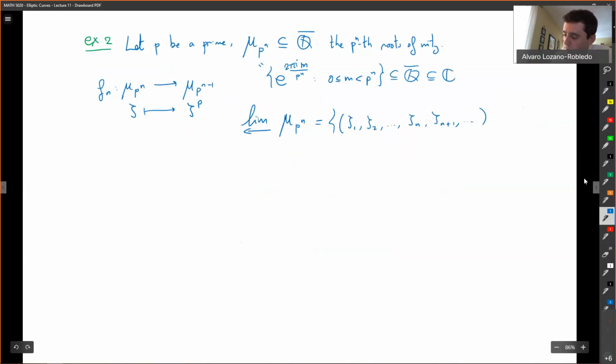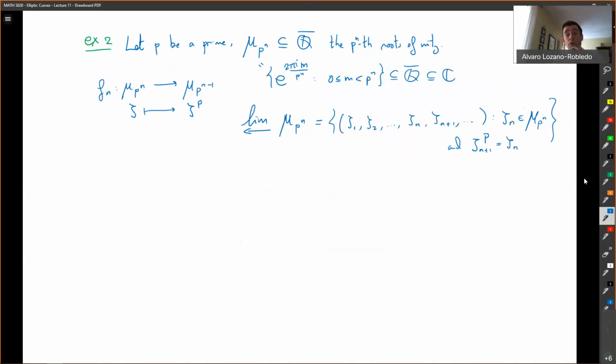So these are sequences, each one like that, and if I raise one to the pth power, I get the previous one. So coherent sequences of roots of unity of p power order. Perfect. This is the first example of what we call a Tate module.